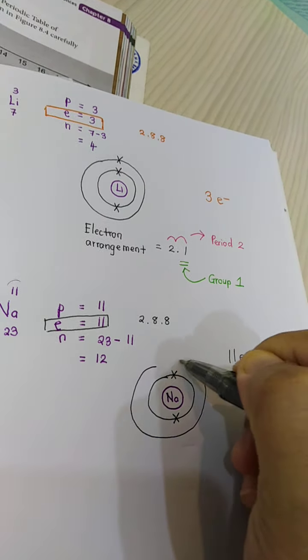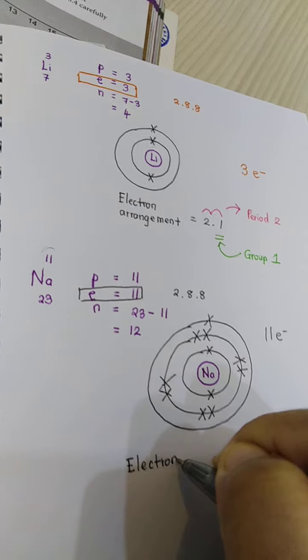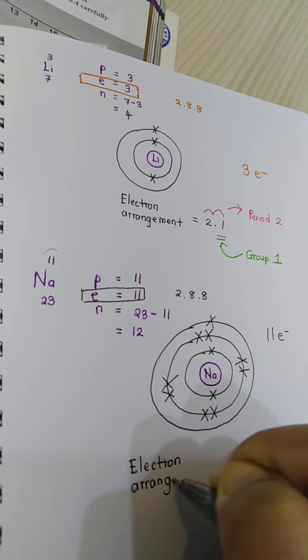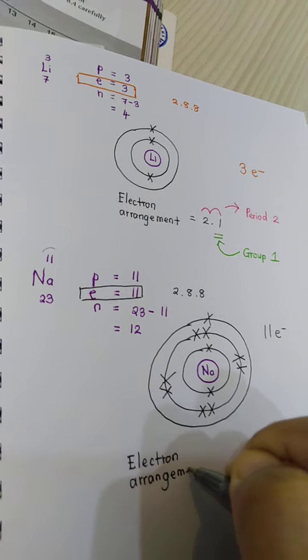So, finally, I can write the electron arrangement for sodium. 2.8.1. Let us check. 2 plus 8 plus 1 totals 11.